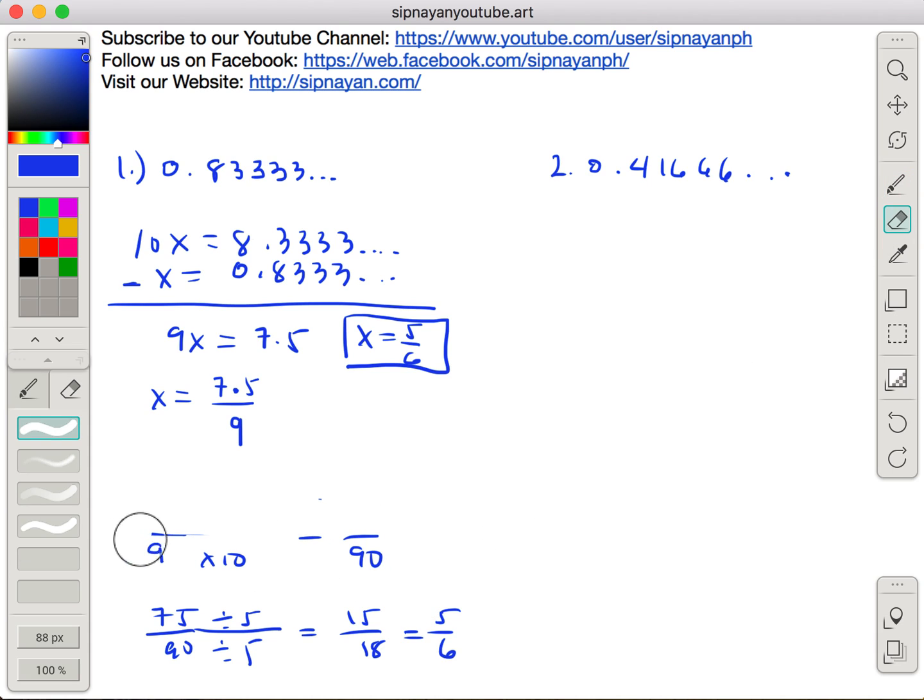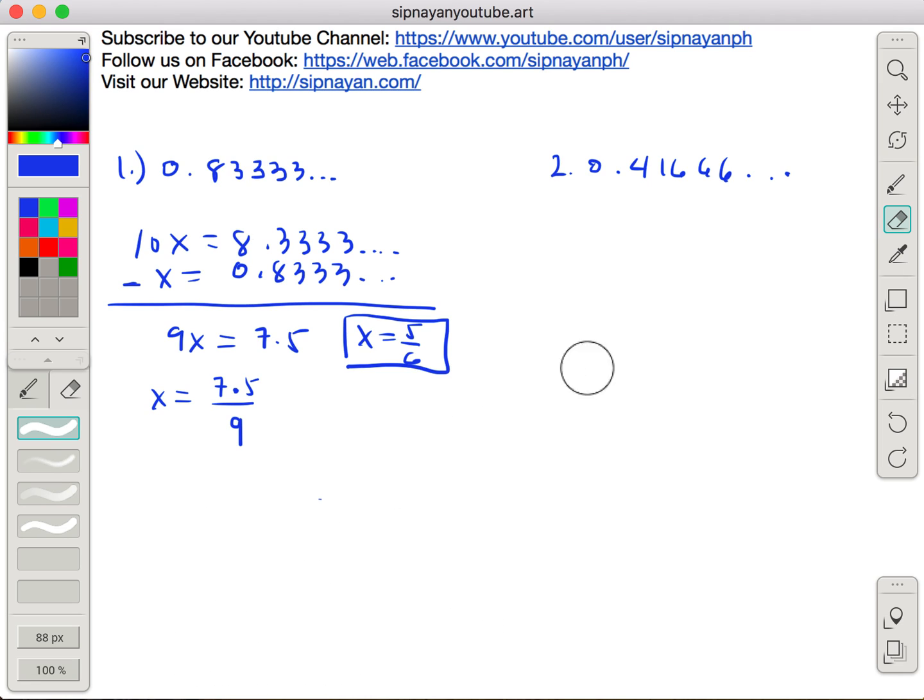Now, question. Maiiwasan ba natin yung decimal pag tayo ay nag-solve? Well, of course, lalakihan nyo lang yung multiplication nyo. For example, instead of 10, pwede natin gawing 100, para maging 83.33. Kaya tayo nagkaroon ng decimal dito kasi 0.3 minus 0.8. So, kung ang matitira lang ay 0.333 lang sa decimal places, then hindi na tayo dadaan sa may decimal point yung ating sagot.